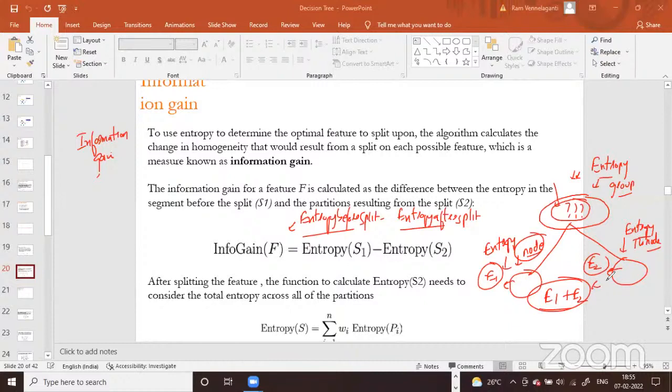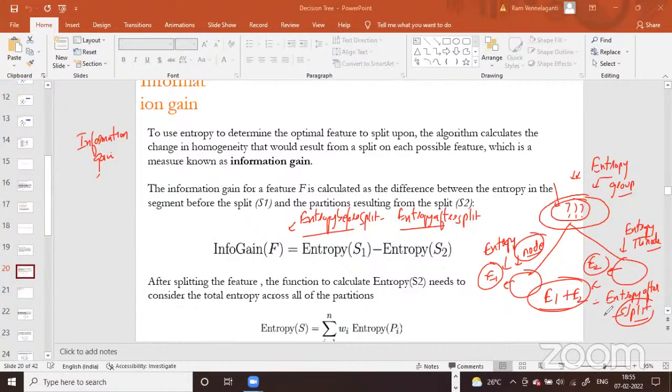Take the summation of both these entropies and you are going to call this entropy after split. So what is your purpose now?